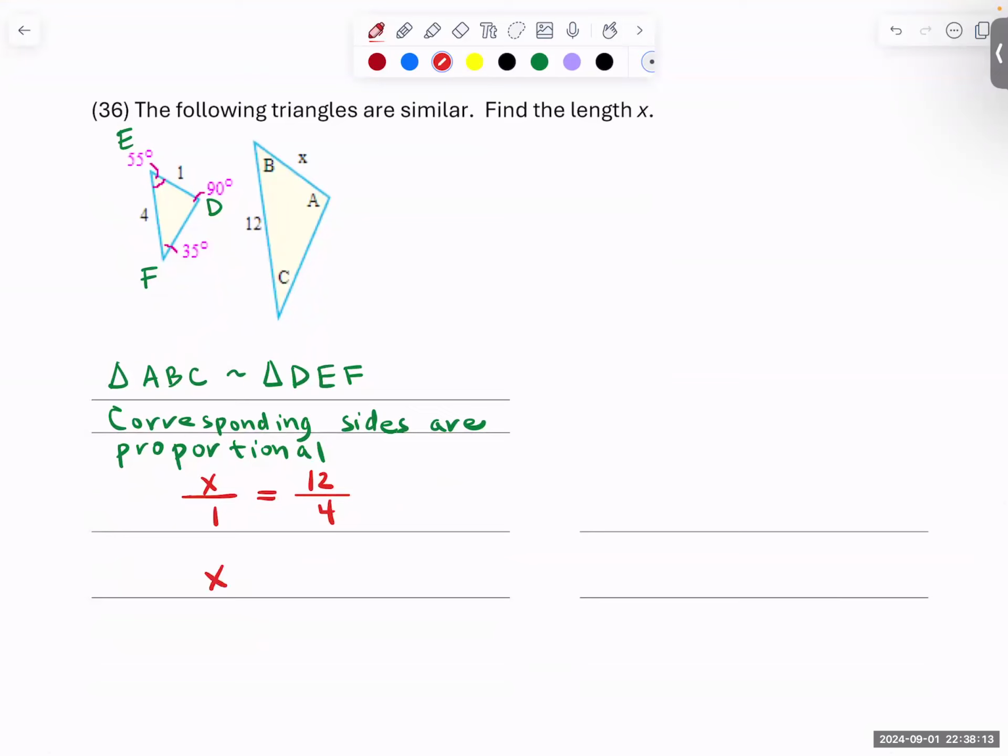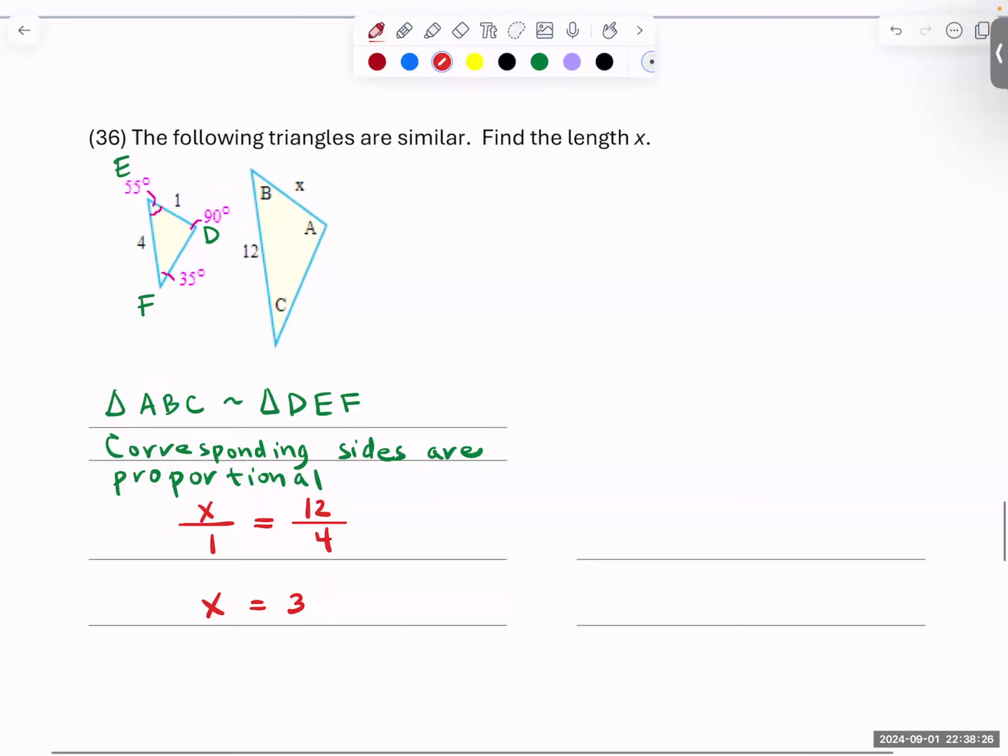Or x equals 3. So here to solve for x, we did not need to use the cross product rule or use any real algebra to solve for x.